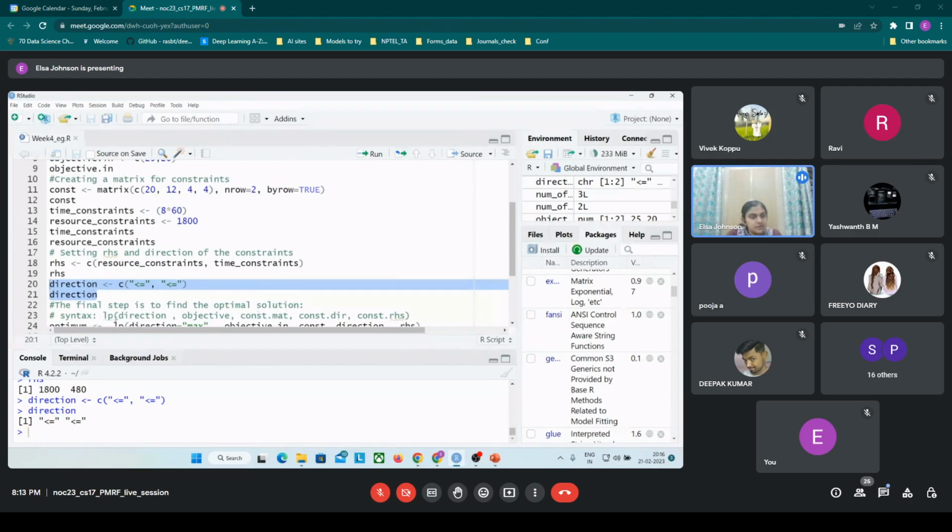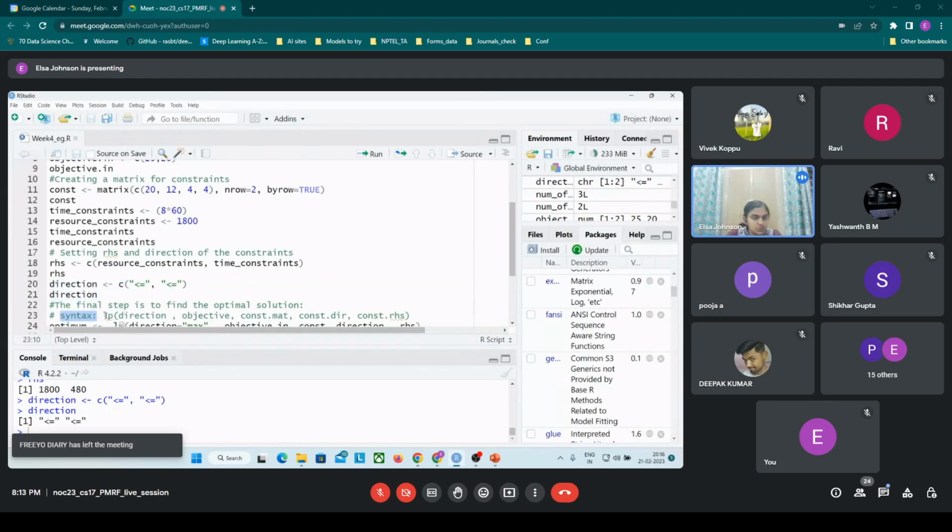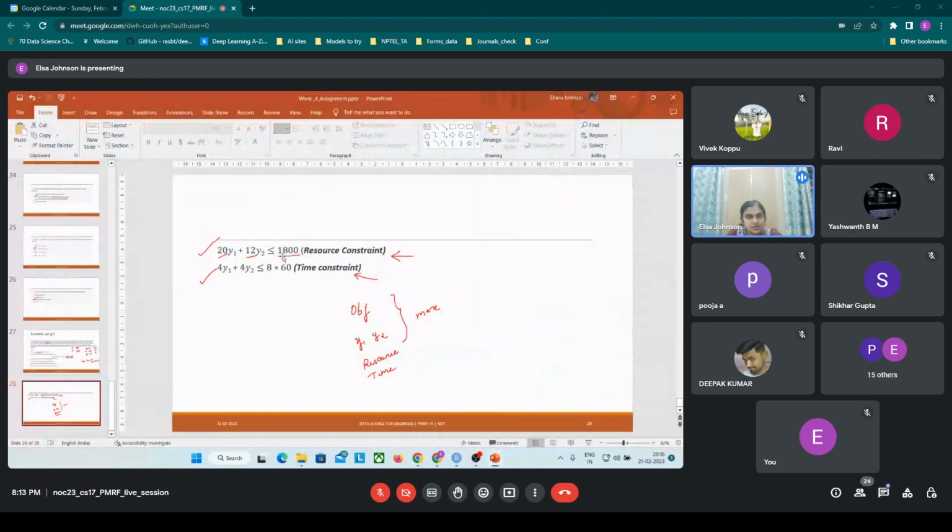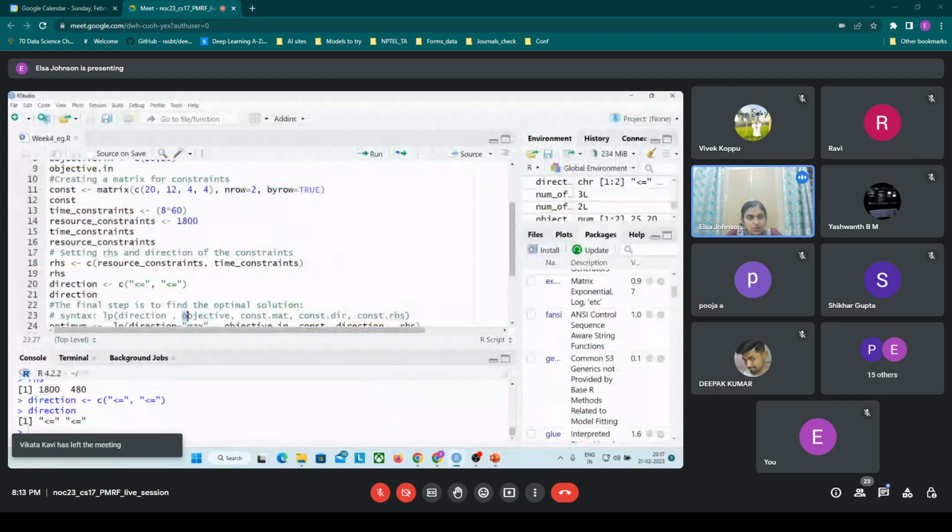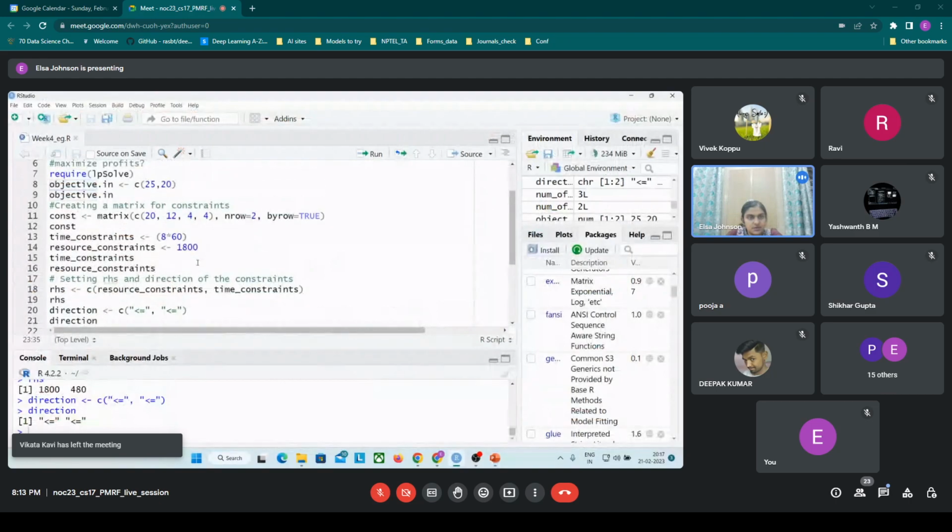So why have I given all these things? Because the syntax for the optimization problem solved by the library lpSolve is lp of, first, direction, the direction you have mentioned, which is less than or equal to and less than or equal to. Then your objective, which right now is 25y1 plus 20y2.